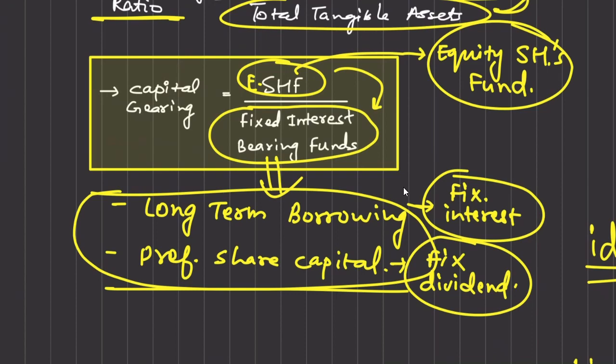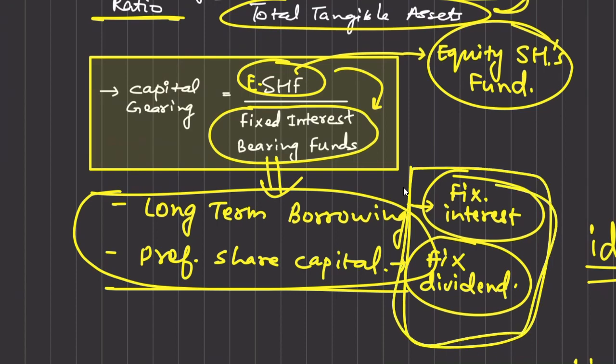So if I calculate this ratio, that means how much amount we have taken from outside, to whom I need to pay the fixed amounts, compared to the ones to whom I can pay a flexible amount. Okay, that is called the capital gearing. How much capital is taken from outside having the fixed interest bearing funds, and how much is my own amount invested in the company. So these all are formulas, my friend.